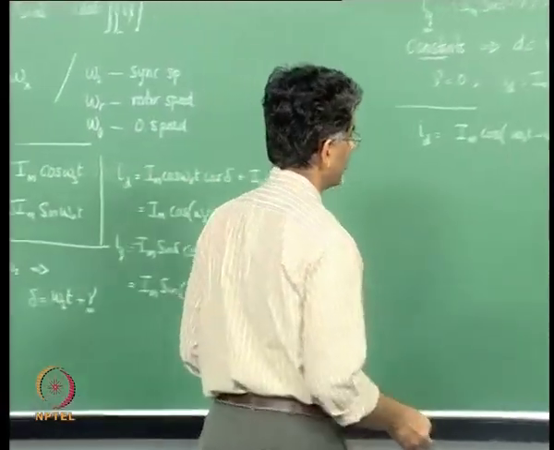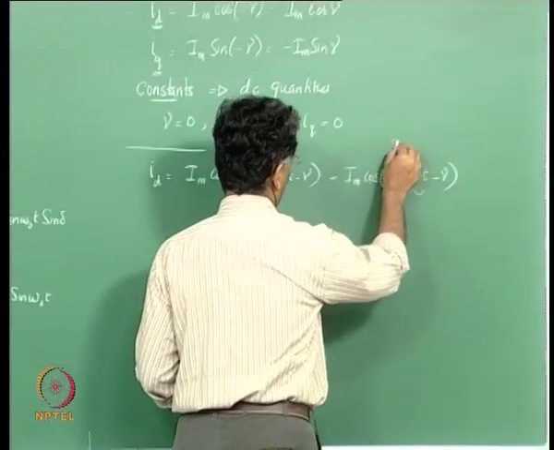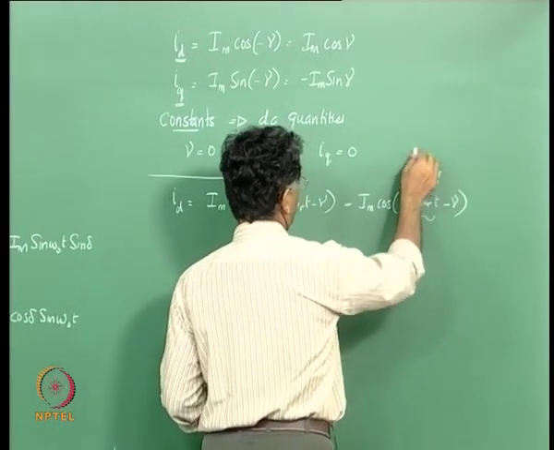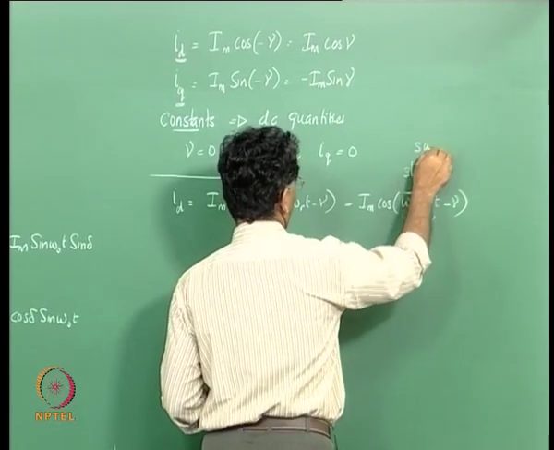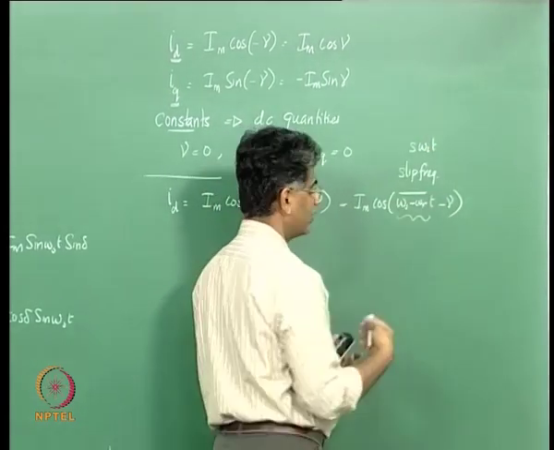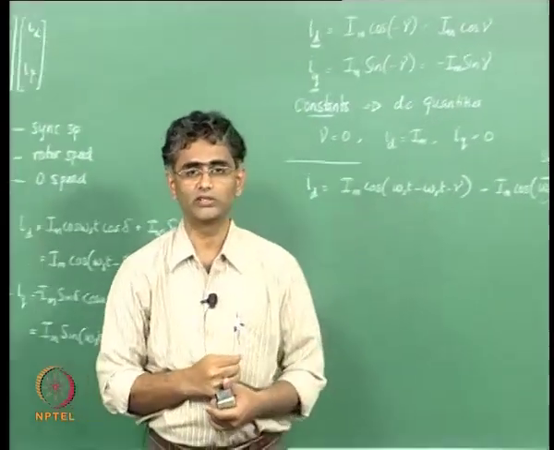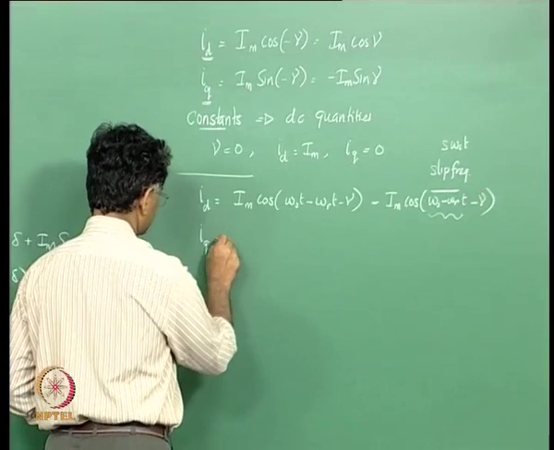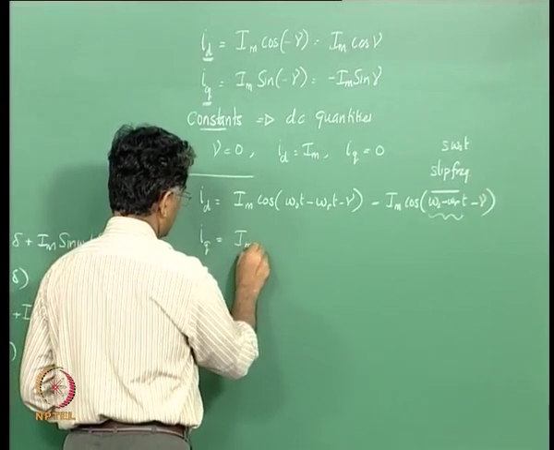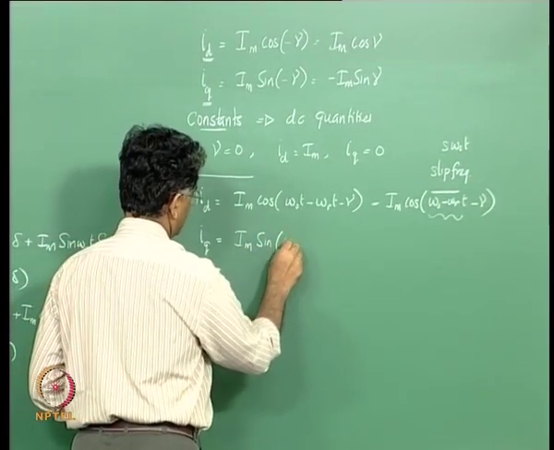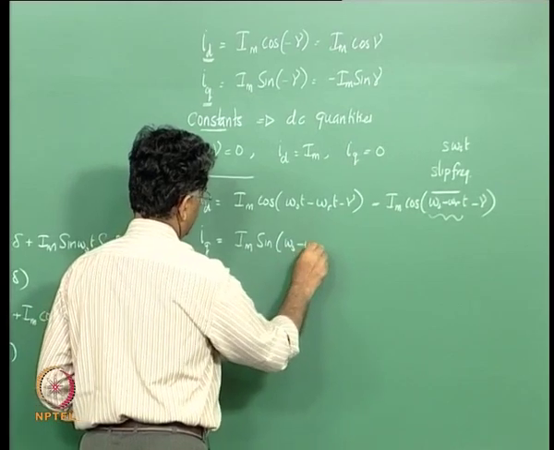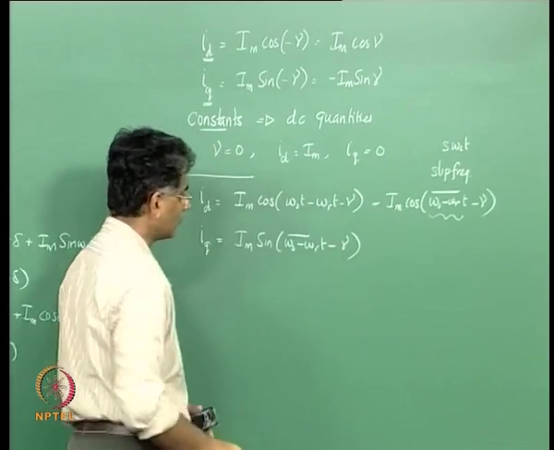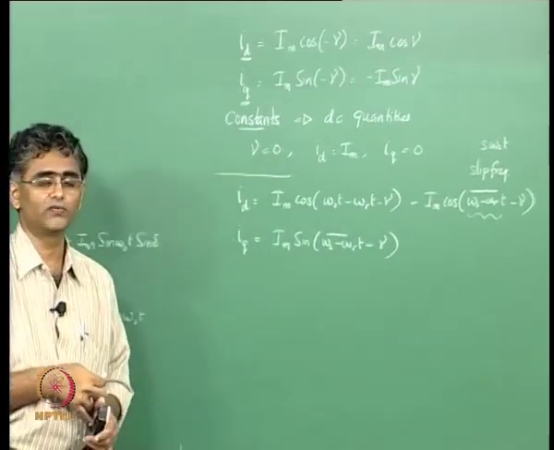So, this is nothing but the slip frequency. One can alternatively write this as s times omega s into t. Similarly, Iq is Im into sin of omega s minus omega r into t minus gamma, and this is therefore at the slip frequency.